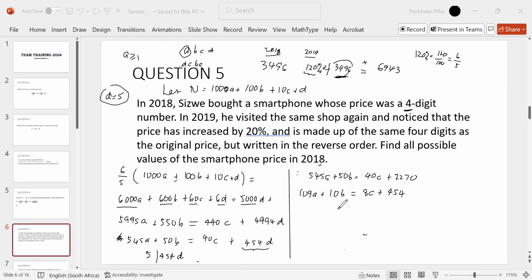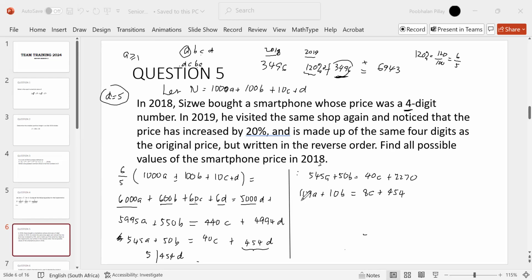Now this A here, you see, this is 8 times 109. So the A can't be too big. You've got a 454 here. So A can't be 5 or more.